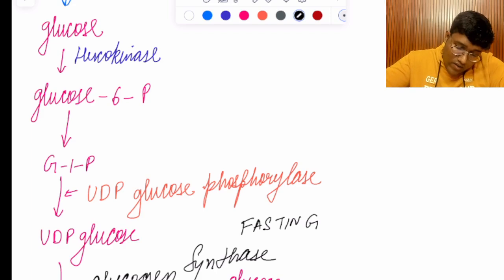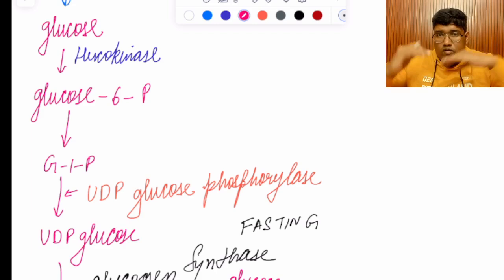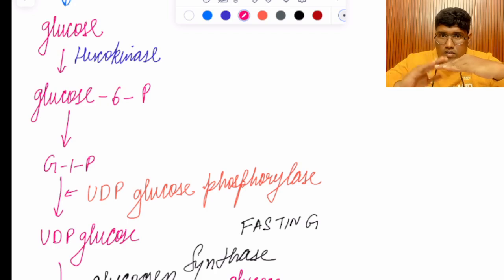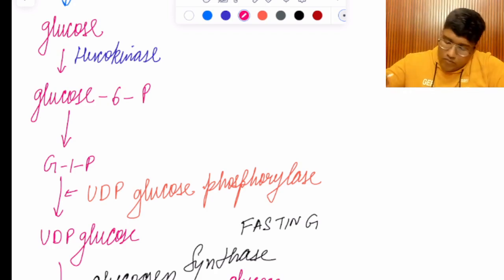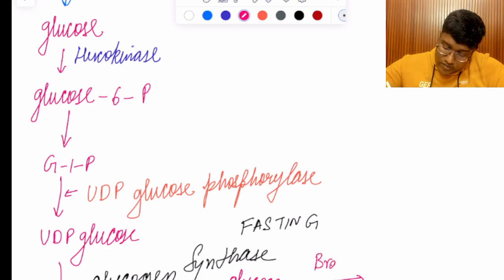But one thing to be noted is that the glycogen that is formed is straight glycogen. That is something we call an alpha 1,6 bond. That is, two glucoses are bonded by alpha 1,6, the first carbon and the sixth carbon of one and the other glucose. Now, to branch this, it's a property of glycogen.